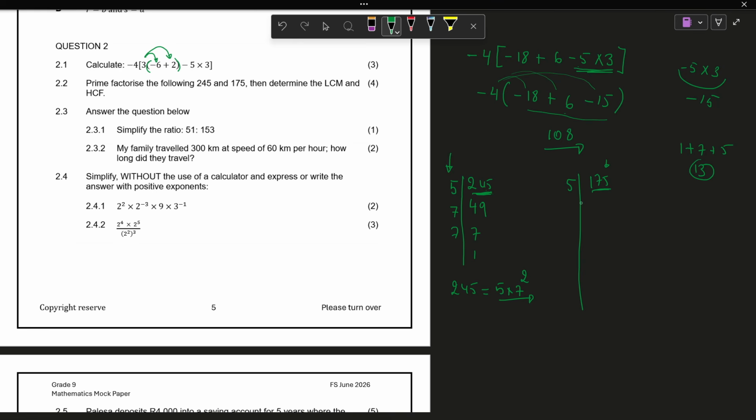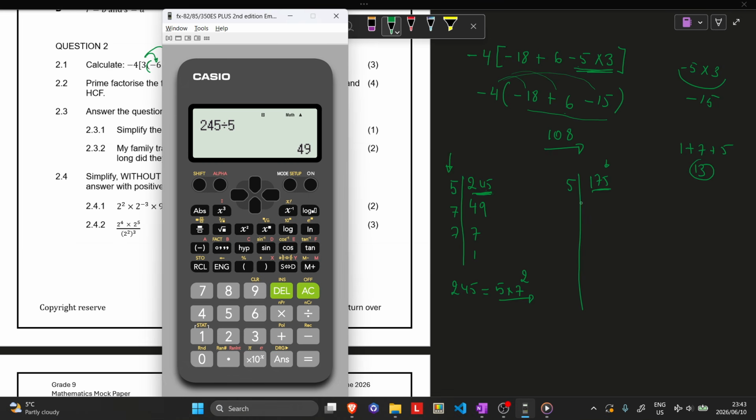Now, what are we going to get here? We don't have to guess. We can just take our calculator. 175 divided by 5.